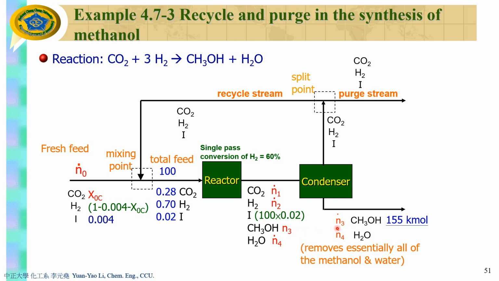This one should be equal to this one. Why? Because this is a condenser. This is the only way out for the methanol. Sorry, this is methanol. So for water, here is N4. So you don't need to do N5 and N6 in this case.